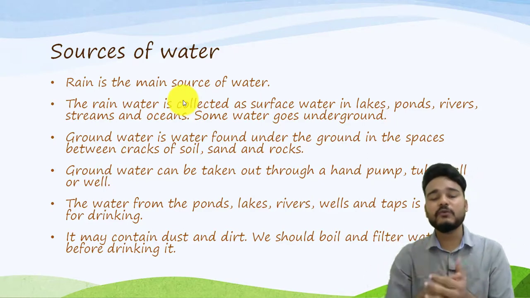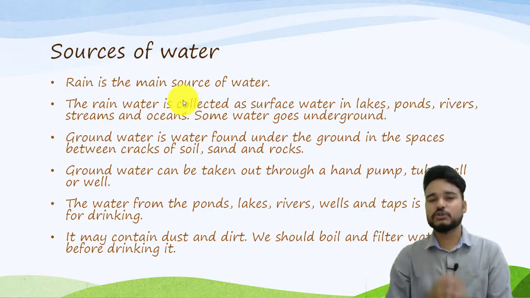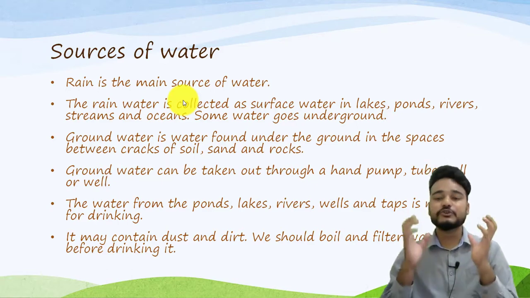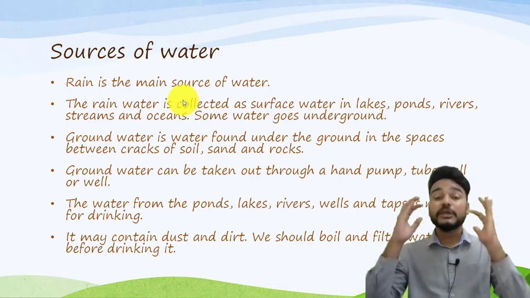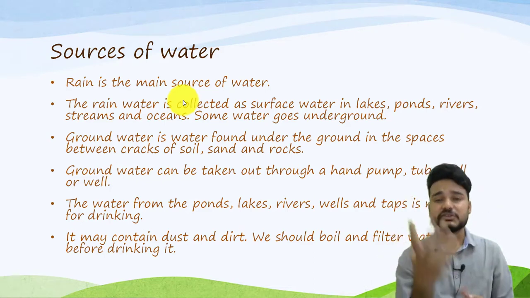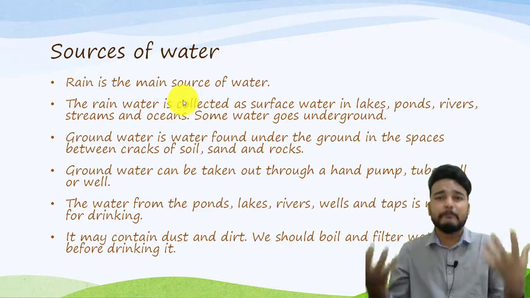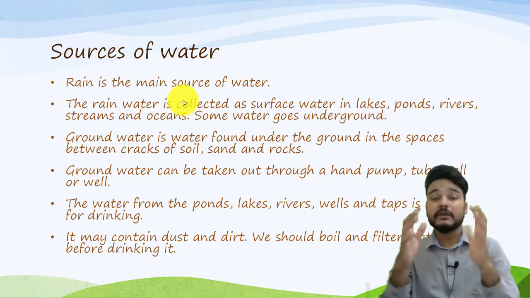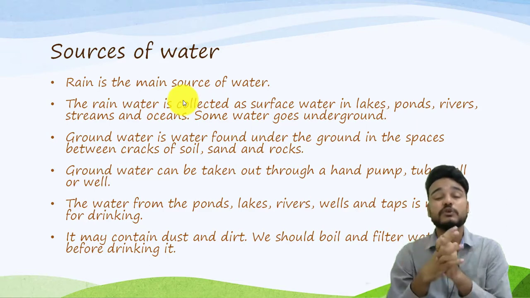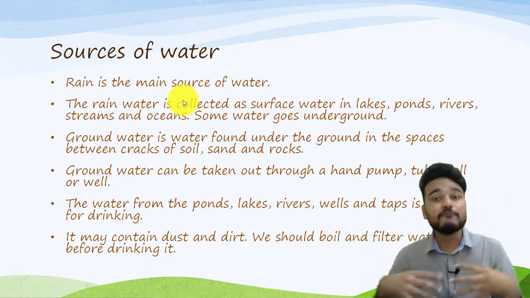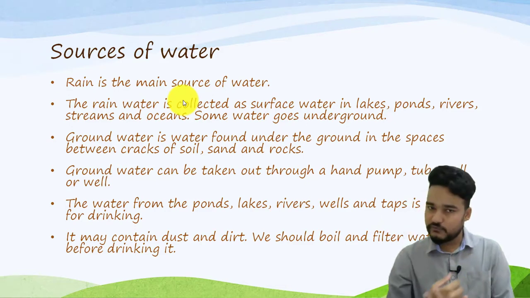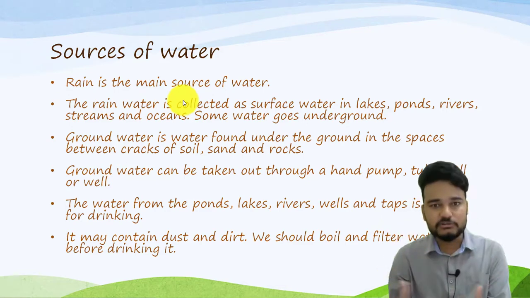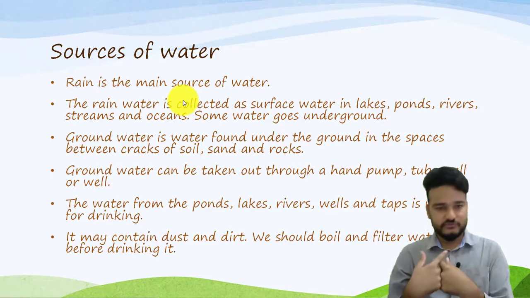So whenever we drink water, we should filter it or boil it and then only drink, because it may contain some dust and dirt particles which may cause damage to our body. So we should boil or filter water first and then drink.